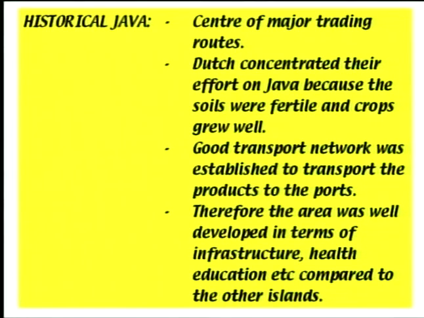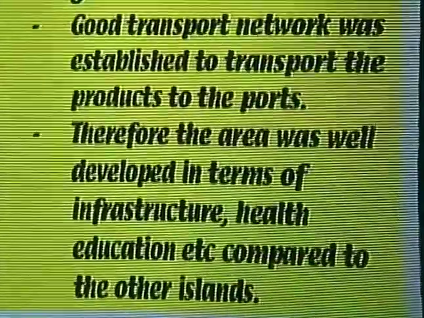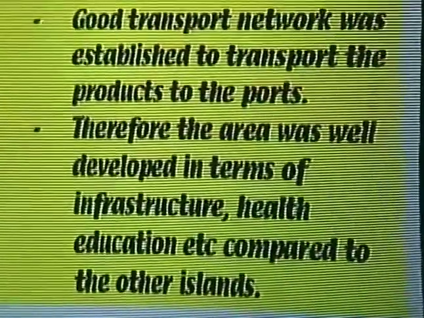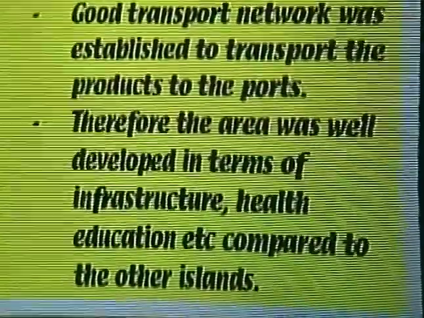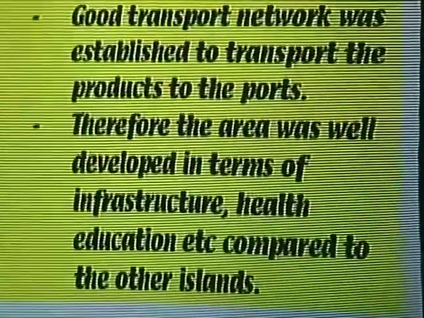We already note that the Dutch concentrated their effort on Java because the soils were fertile and crops grew well in that region. Therefore, a good transport network was established to transport the products to the ports. And finally, because of the good transport network on that island, the area was well developed in terms of infrastructure, health, education, etc., compared to the other outer islands of Indonesia.